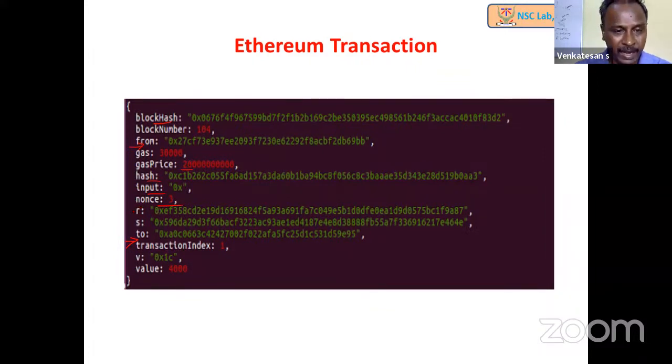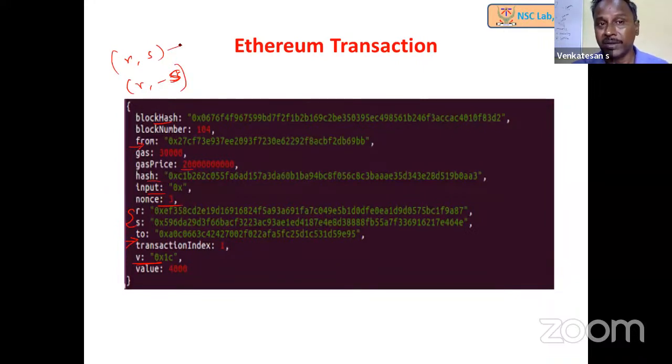And these two are the digital signature, R and S. You remember in the segregated witness, we talked about the two parameters, R and S. We'll see how these two are computed. We can see an example. And this is the to address, the transaction index, and this V, because as we have seen there also, R comma S and R comma minus S, both are valid, and definitely only one is chosen for signing.